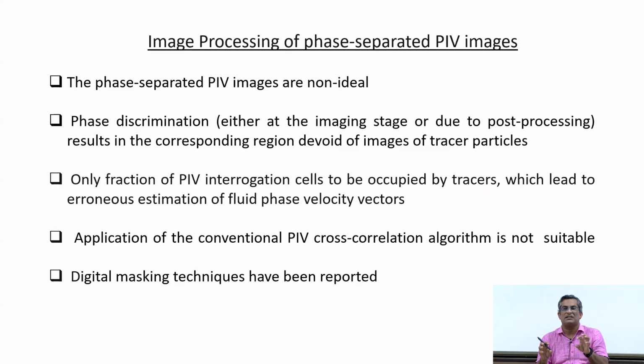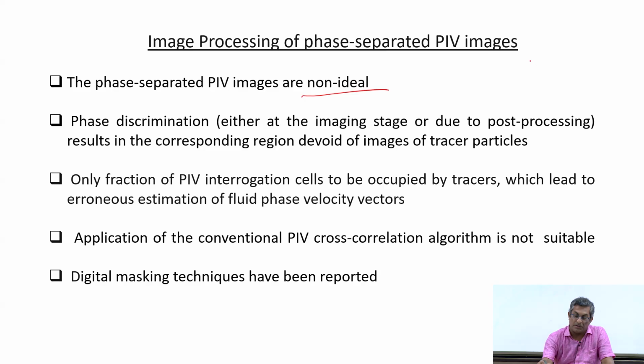Those empty spaces correspond to the dispersed particles, which we have removed in some way. That is why these images are non-ideal, and straightforward application of the PIV image processing algorithms to such images would give us erroneous results. How about the image for the tracer particles?